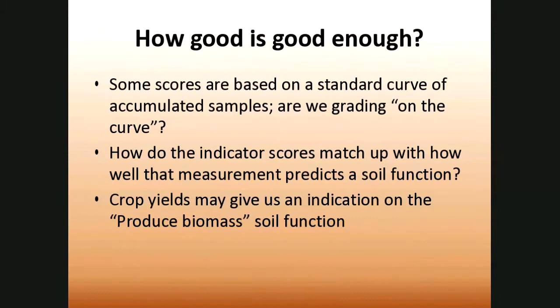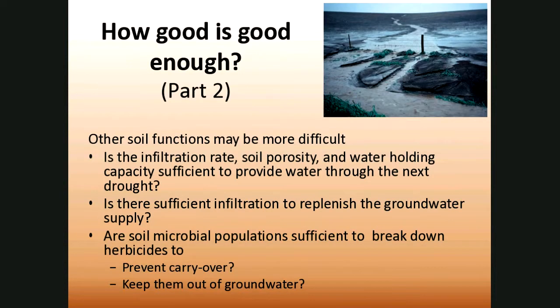We don't know how well the indicator scores match up to how well this measurement is predicting soil function. So one thing we could look at is crop yields. That could give us an indication on the producing biomass soil function. But I think some of the other soil functions may be more difficult to gauge.